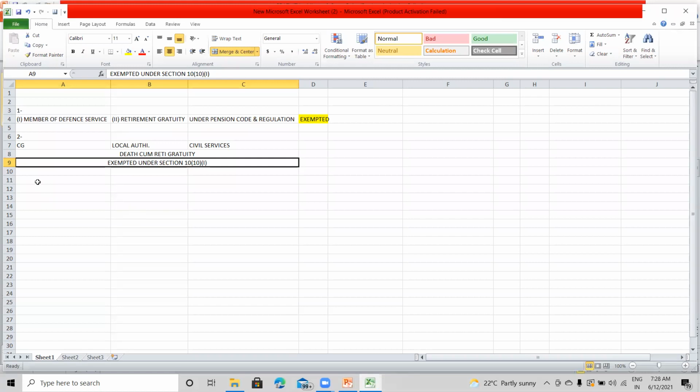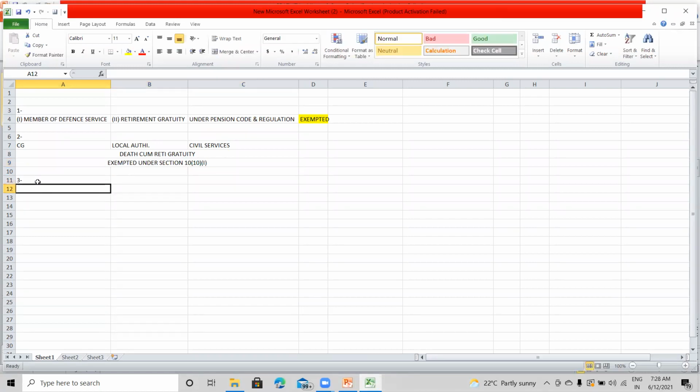If there is an employee other than a government employee, other than point 1 and point 2, meaning he is not an employee of the defense service, the central government, a local authority, or the civil service.